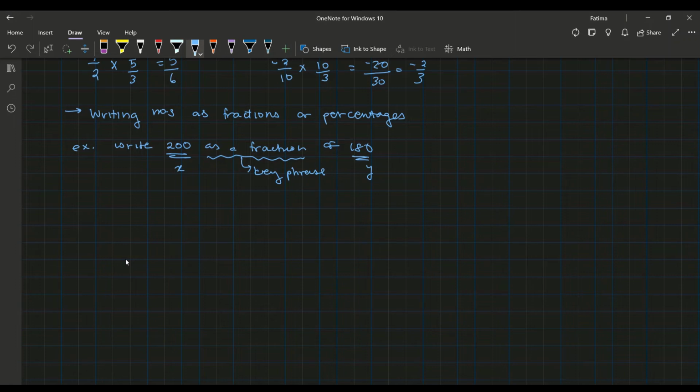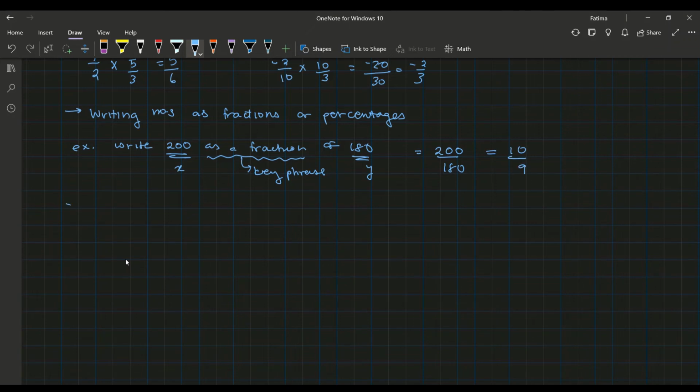So in case the question is given like this, the numerator will always be x and the denominator will always be y. So when I'm told to write 200 as a fraction of 180, I should write 200 by 180, because 200 will be my numerator and 180 will be my denominator. And then this can further be simplified to 10 by 9.